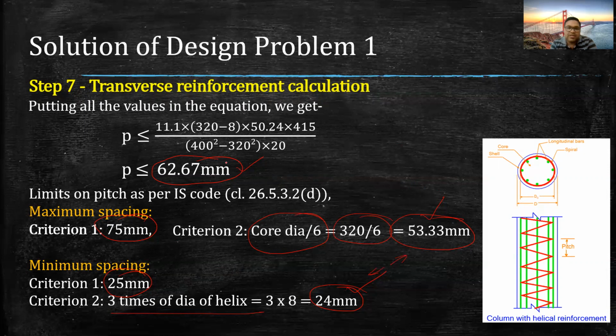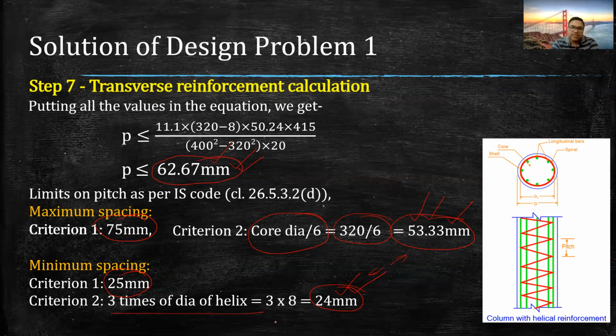But as per calculation, our pitch is 62.67 mm. Therefore we have to select our pitch in between these two values, because our calculated pitch is higher than this value. Therefore, it is not satisfying the IS code recommendation. So we have to select our pitch in between 53 and 24.